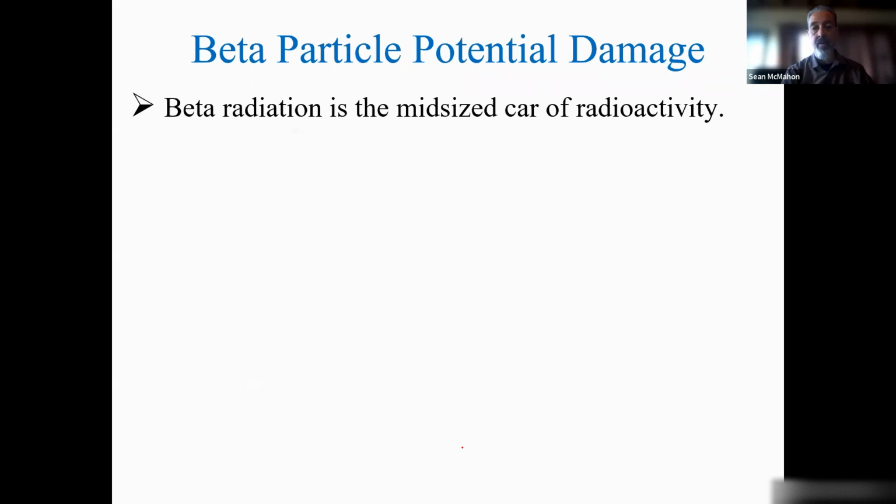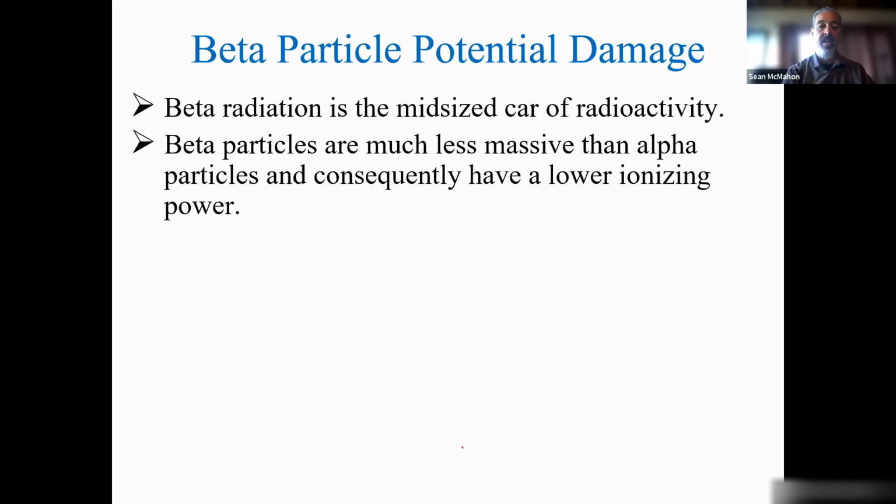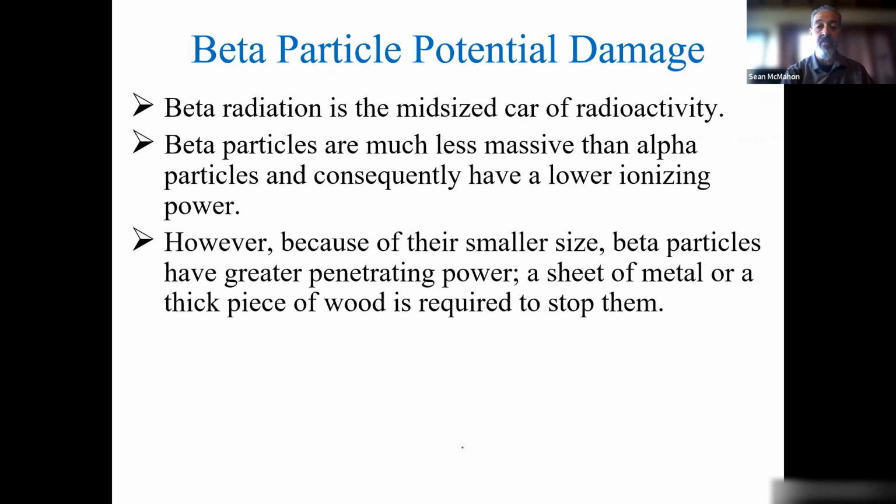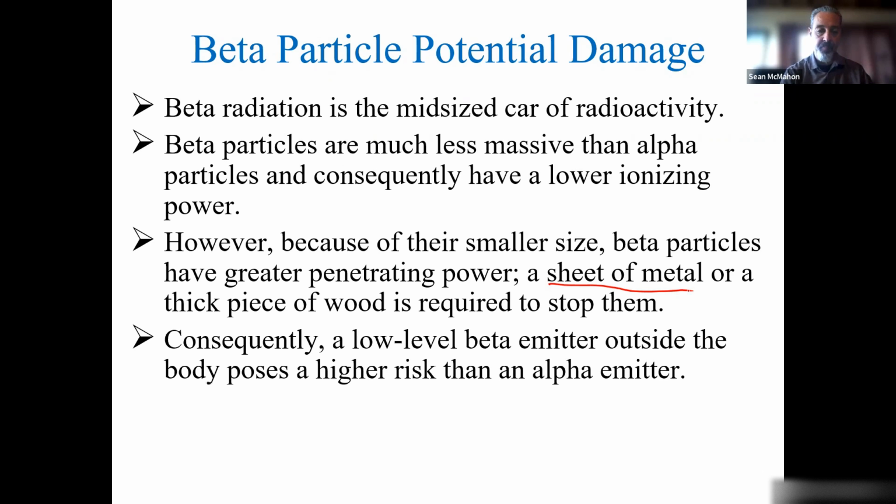So with beta particle potential damage, instead of the Mack truck, right, the semi, this is more like a mid-sized car. And it's less massive, so it has less ionizing power. However, because it is smaller, it can penetrate a little bit better. So instead of just air or a piece of paper or clothing, you actually need like a sheet of metal, like a sheet of aluminum foil or some wood to stop it from penetrating.